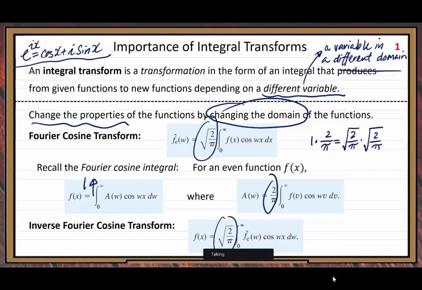People call it normalization. You use an appropriate constant to normalize your transform. So the constant is not critical.